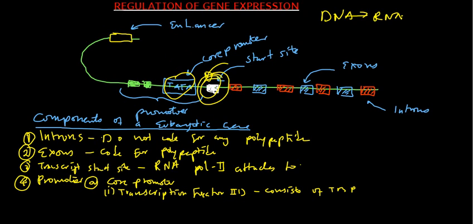What helps in the recognition of what is going to bind to the Tata box is actually the Tata binding protein, which is contained by transcription factor 2D. Now another thing that we have on the co-promoter is the transcription factor 2B.